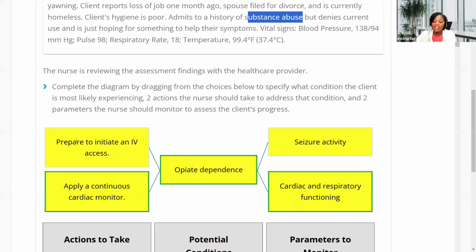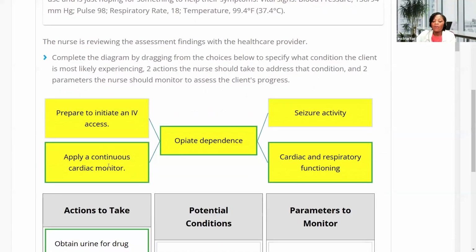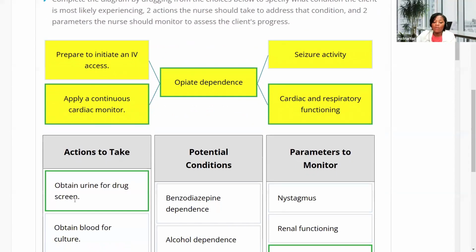All right, so on this side, it says that we should have, action-wise, put them on a monitor and also obtain a urine drug screen. Now, I actually knew that this one was correct, but I went on and went with it because I knew that the majority of you chose this. But what will the drug screen show us?